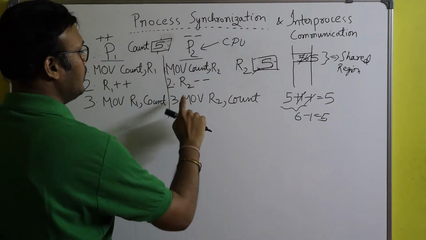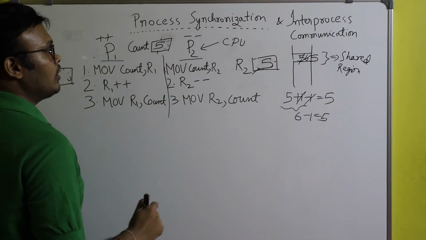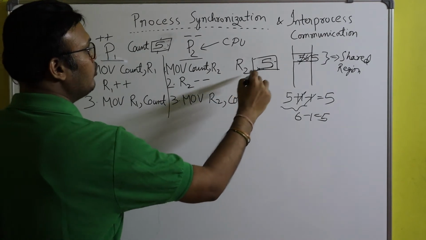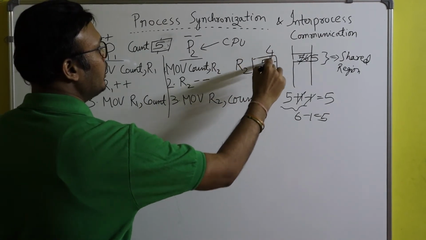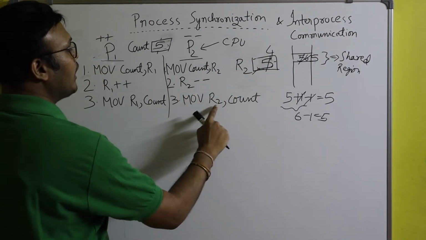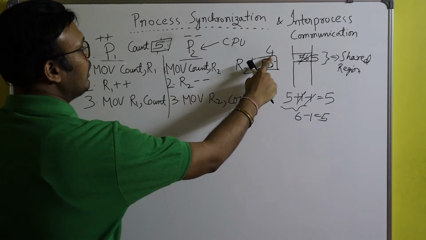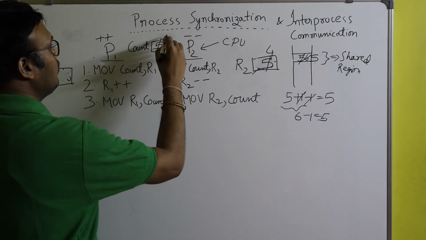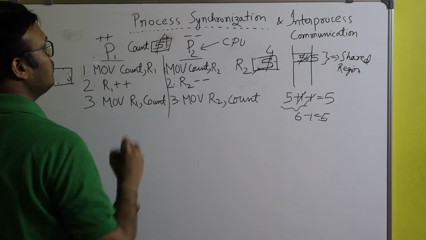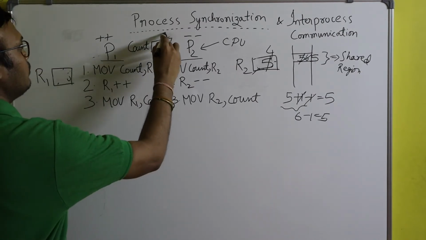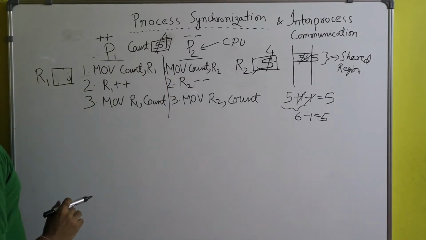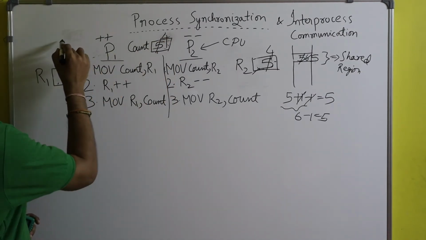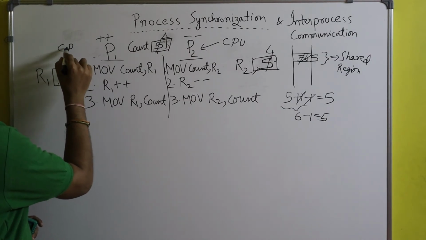R2 minus minus: the value of R2 will become 4 due to the decrement operation. Move R2 comma count: this value 4 is moved to count. So now the value of count is 4. Now there is a context switch and CPU is given to process P1.